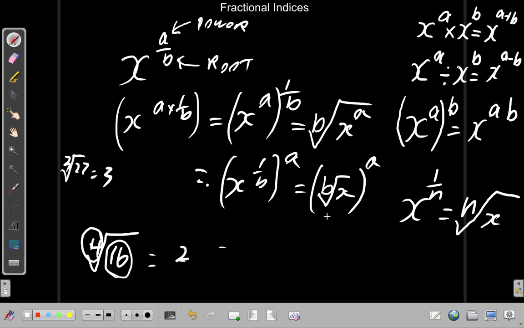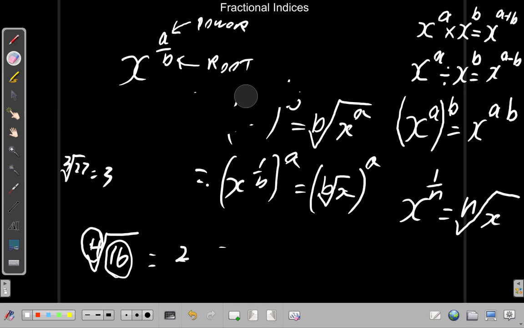Now, x to the 1 over n means the nth root of x. And we see here that x to the a over b means x to the a and the b root of x, or the b root of x and that raised to the a. So there you have it.